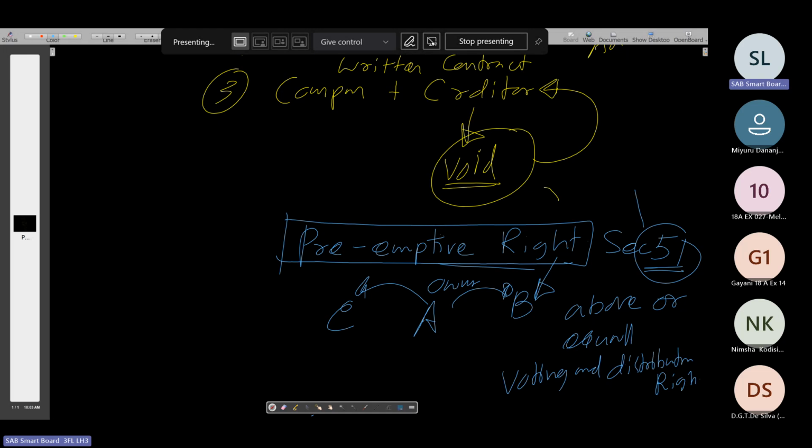Redeemable shares can be redeemed in 3 ways, on 3 options: on the option of the company, on the option of the shareholder, on the date mentioned in the articles. The first one amounts to repurchase. It is treated as repurchase, right? The company may repurchase its shares under section 64. According to it, the company may purchase its own shares if the articles authorize it to do so, with the approval of the board, right?